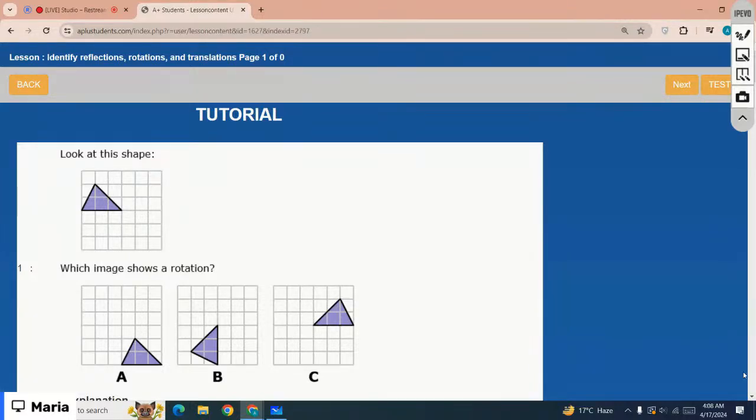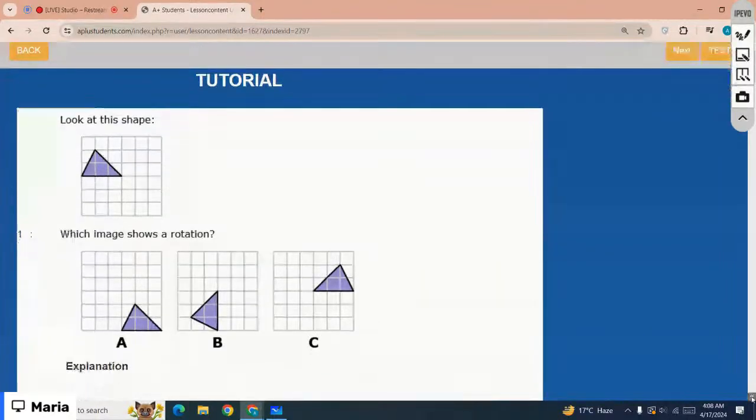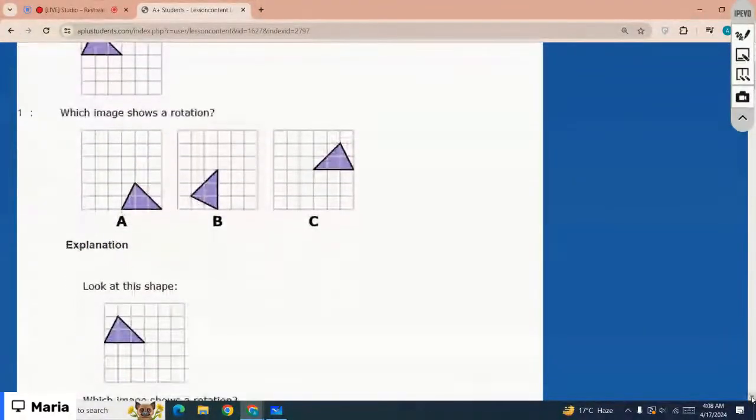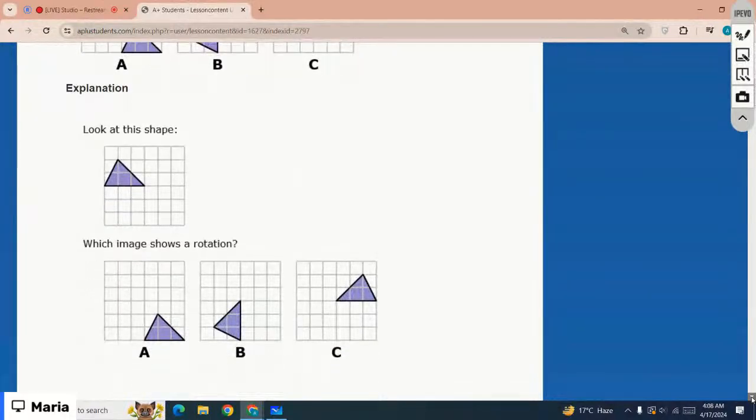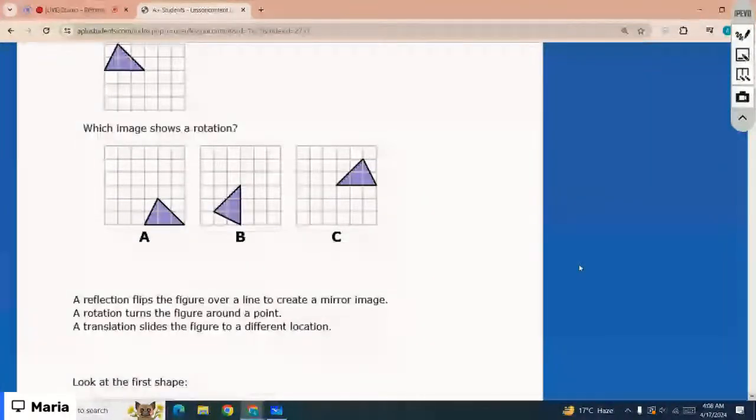You have to identify which is the rotation. A reflection flips the figure over a line to create a mirror image. A rotation turns the figure around a point, and a translation slides the figure to a different location, right?